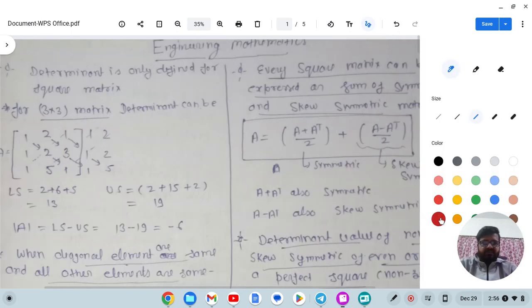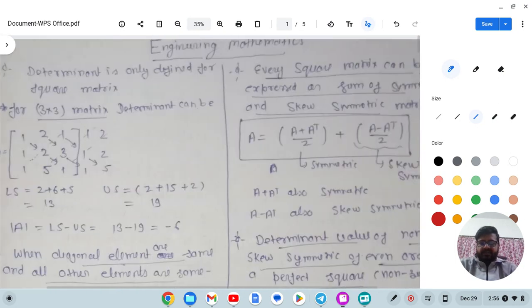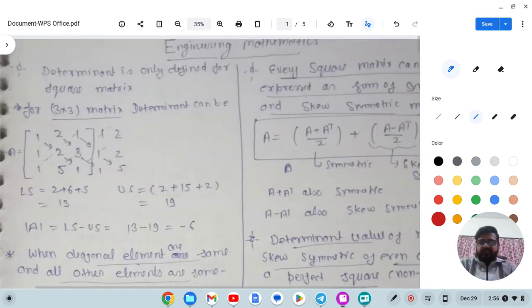As we know, determinant is only defined for a square matrix. If there is a square matrix, then only there will be a determinant.